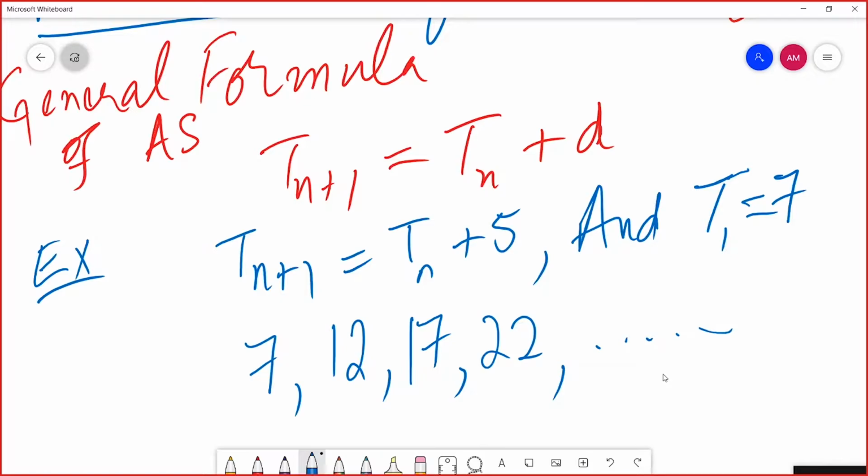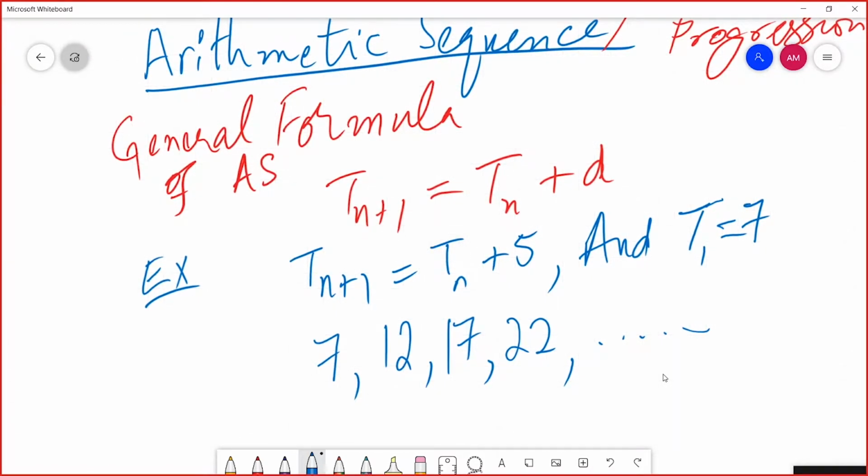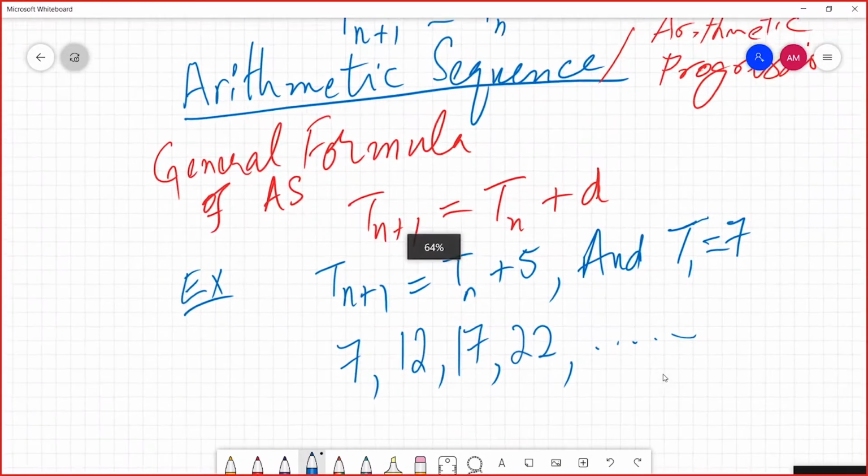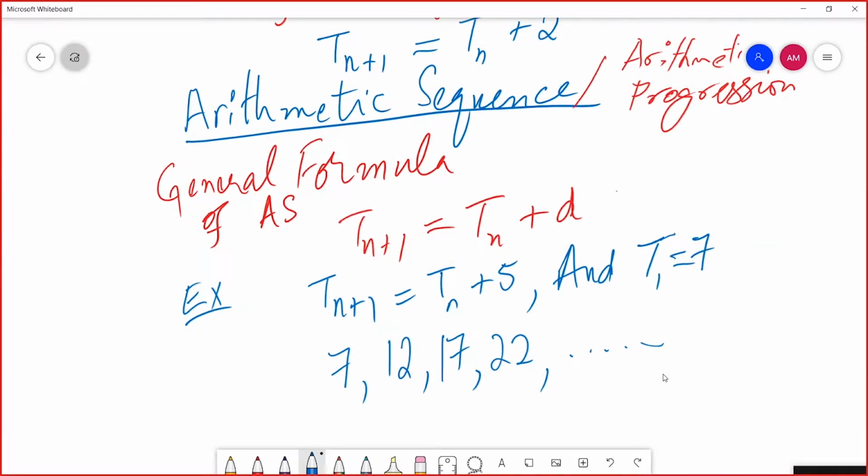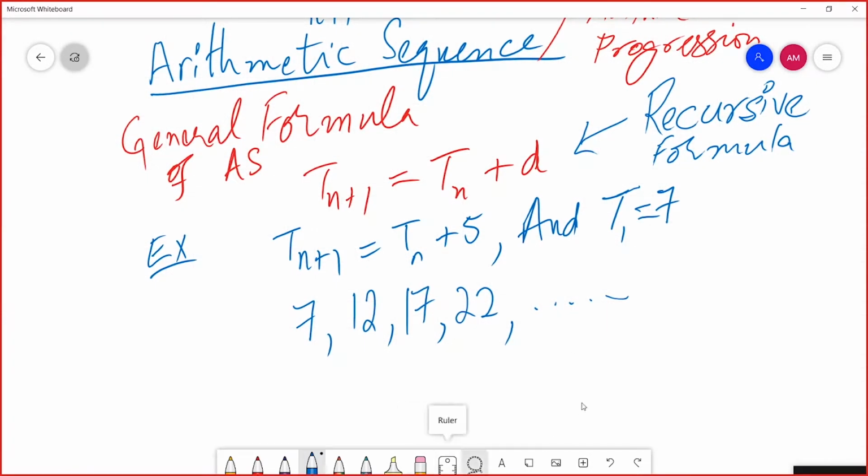So this general formula of the arithmetic sequence is also called a recursive formula. What is meant by recursive? It's repeating, because to know the next term, for example, to know 22, you have to know 17.